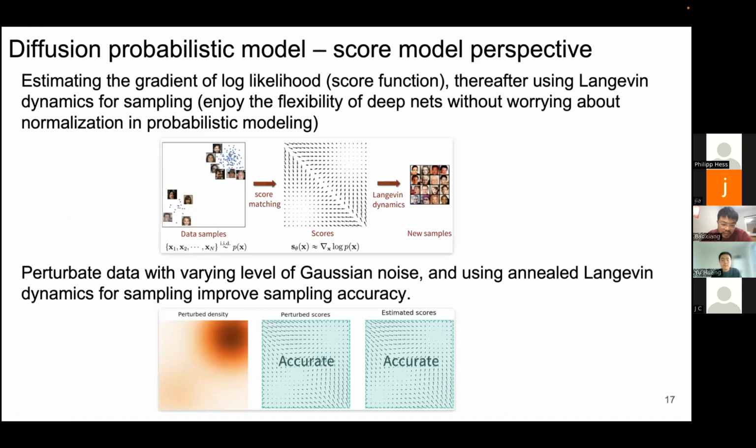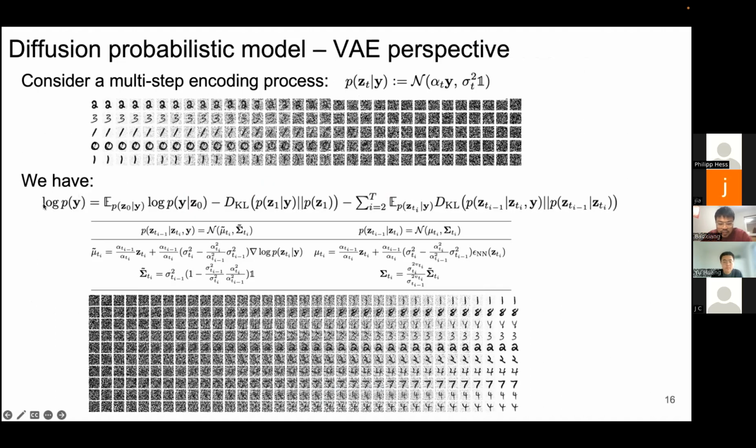And we can have different perspectives to describe this model. One is to estimate the gradient of the log likelihood, also called the score function. Why do we estimate the score function instead of just directly maximizing this equation? If we use a single neural network to approximate this one, then we have a regularization constraint: if we integrate over all the potential states of y, it should equal 1. But that greatly lowers the expressiveness of deep neural networks.